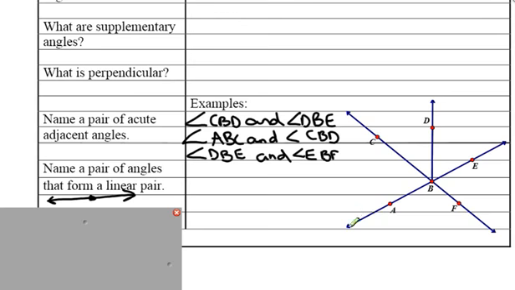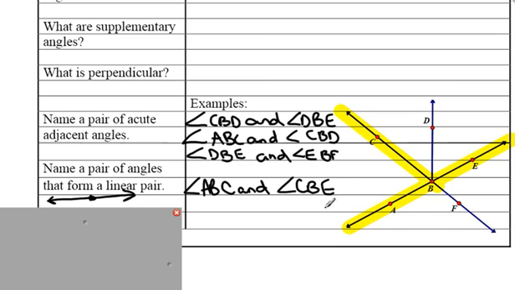So I can see a straight line here, and then you name the two angles that form that straight line. So we could highlight CBA, and our pair of linear angles would be angle ABC and angle CBE.